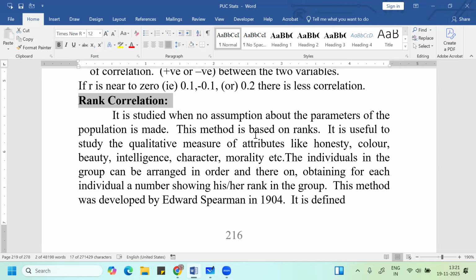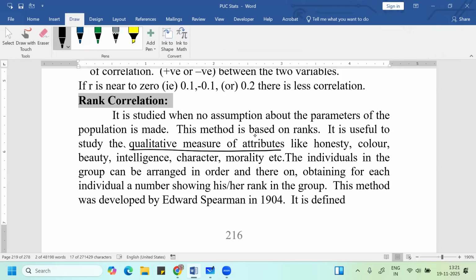It is useful to study qualitative measures of attributes. Like I mentioned before, we generally use this method to work on qualitative terms. So when we have multiple qualitative parameters and we want to find the correlation between them, this method works better, for example honesty, color, beauty, intelligence, character, morality.